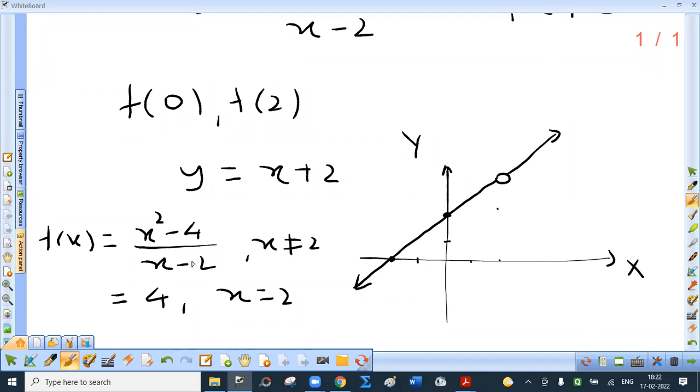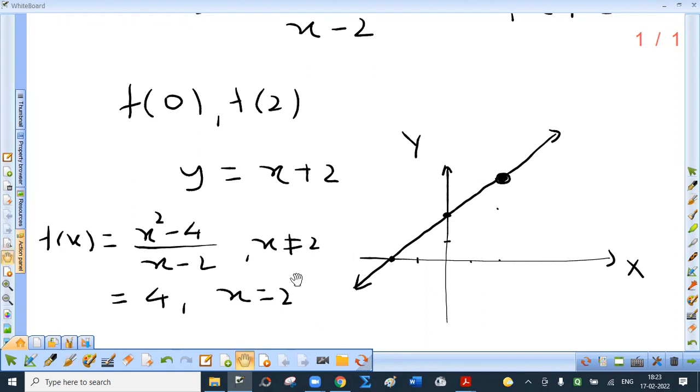Now you will notice that for x equal to 2, they have said f of x, that is y equal to 4. So this point lies on the graph, and it can be seen that the graph of the function f of x equal to x square minus 4 upon x minus 2, x not equal to 2, and f of x equal to 4 for x equal to 2 is now continuous.